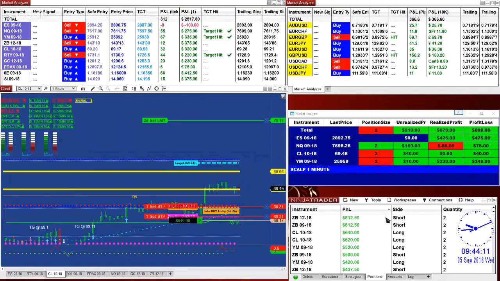Then we have the NinjaTrader 8 controller, and we can keep our eye on the trade for swing trading. And it seems like today we have the 30-year Treasury bond in a very good move. And then we have the CL doing very well, and the ES. So we're going to keep our eye on those three instruments.